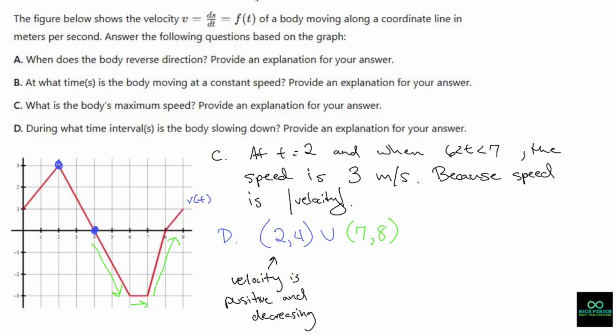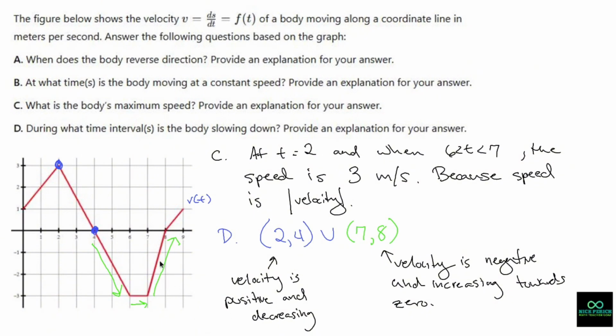And for this next one, we could say that the velocity is negative and increasing towards 0. What that means, one more time, is since we're moving backwards, we're going from moving backwards at 3 meters per second to 2 meters per second to 1 meter per second to stop. So the velocity is negative and increasing towards 0, which means you are slowing down while going backwards.